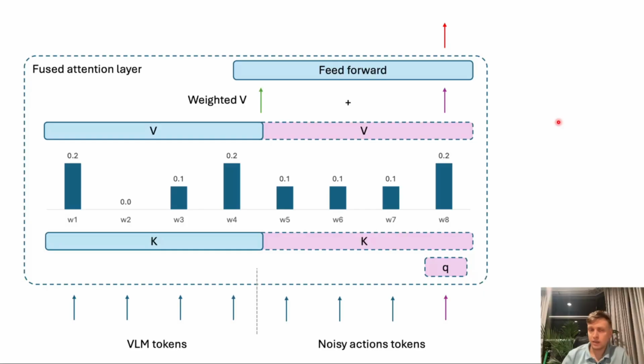I can think of one benefit: they save some weights, and it computes faster because you don't need to do self-attention and cross attention separately. But yeah, this optimization is probably not so big. And at the same time, I don't see why it's supposed to perform better than a separate expert transformer, because this data, VLM tokens and noisy action tokens, are from very different domains.